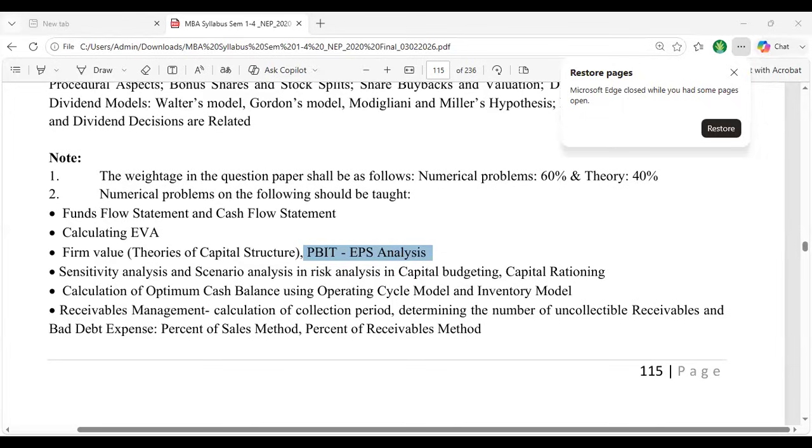So, while writing in university examination, please refer to what equation they are asking about. Suppose the question is for 10 marks or 5 marks or 2 marks, and they're talking about the second proposition, or the first proposition, or the third proposition.